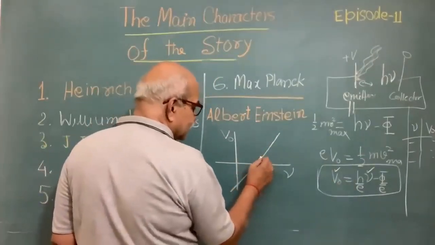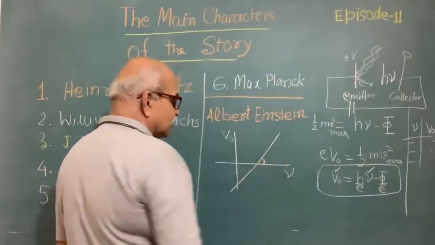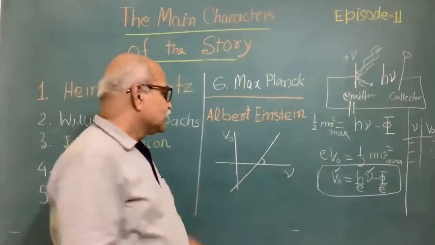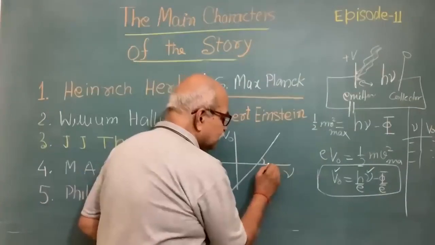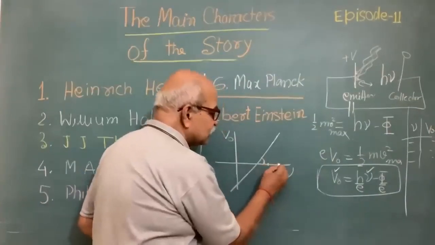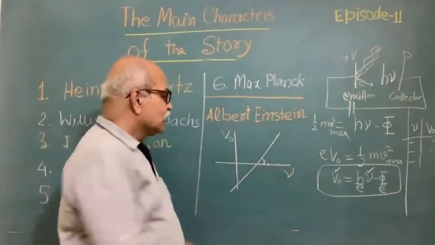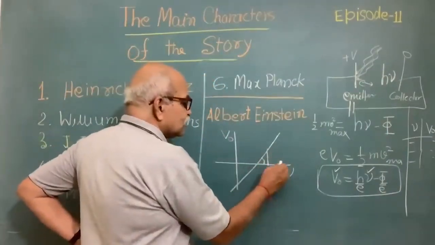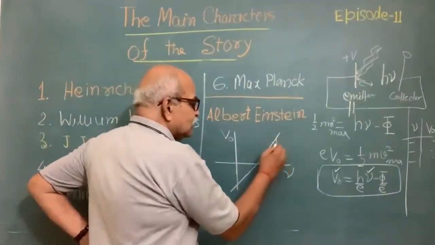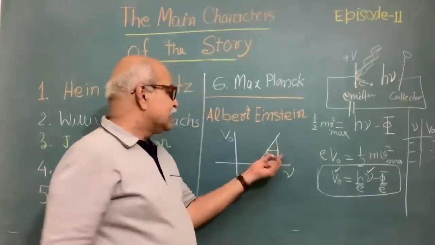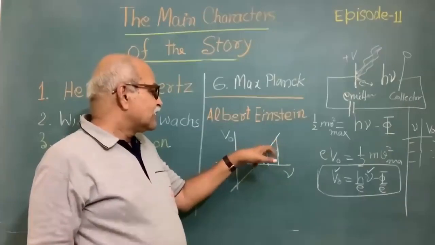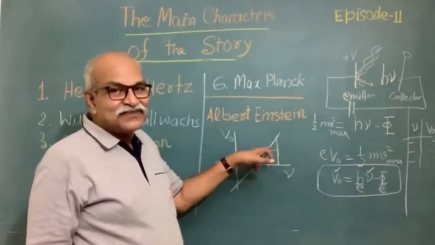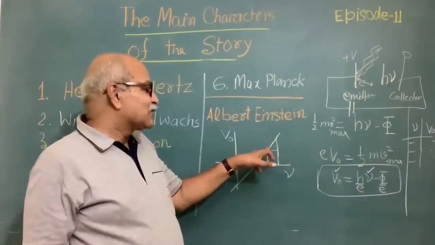And here, the slope, okay? You know what slope is? Tan theta. Tan theta means if you go some distance here, increase this nu by a certain amount, then you find how much this V naught is increased. So this is increase in nu, this is increase in V naught, and this divided by this is tan theta in this figure, and that is called slope.